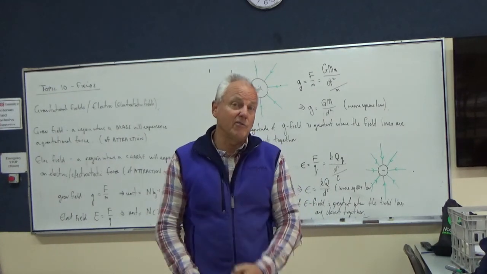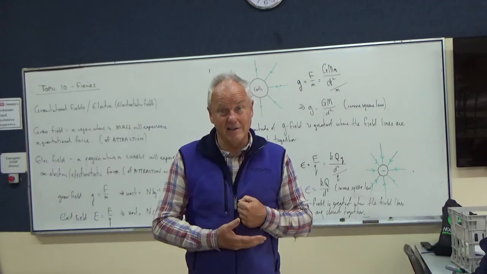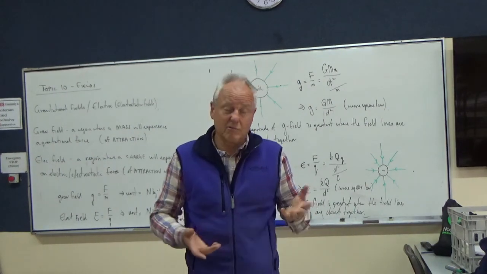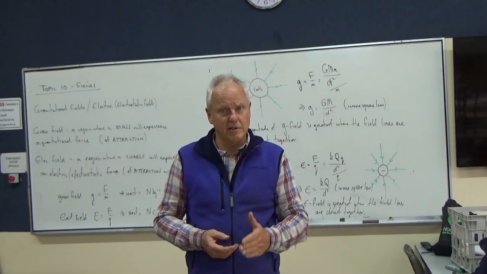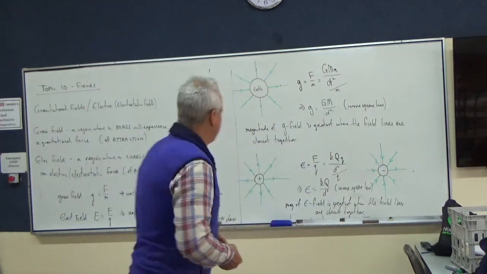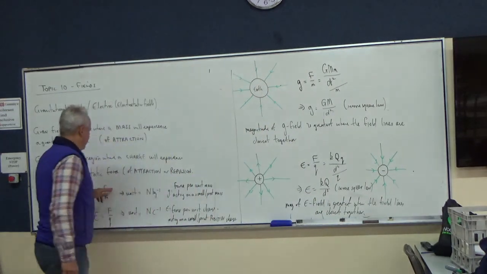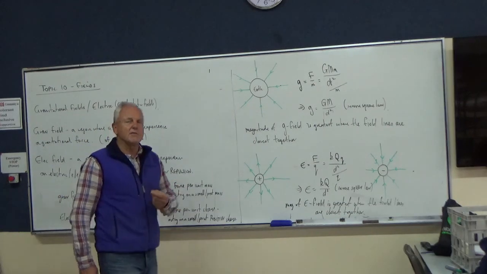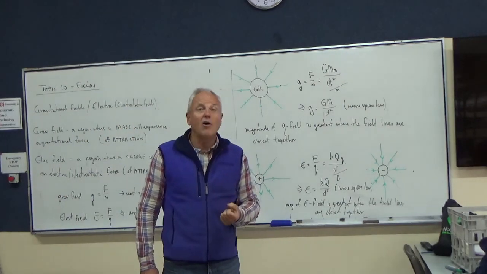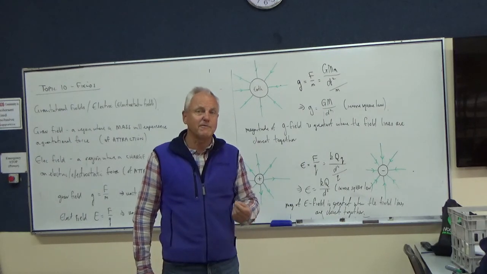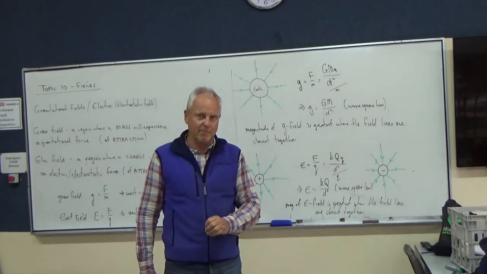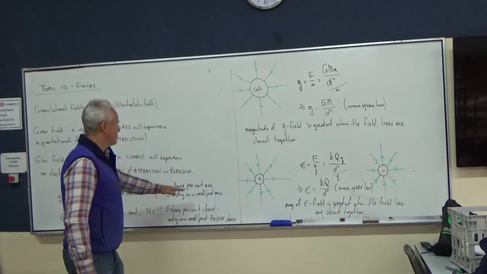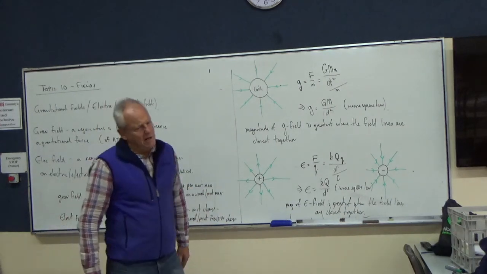So that's 900 newtons divided by 90 kilograms would be 10, or 9.8 newtons per kilogram. So it's the force divided by the mass, it's the force per mass. There are 10 newtons pulling down on every kilogram. That's the force per kilogram, acting on a small or point mass.